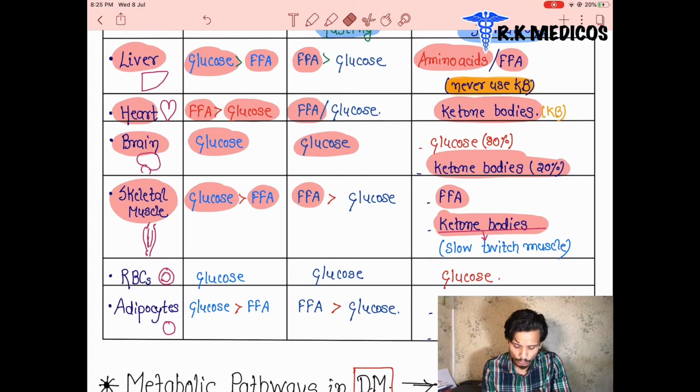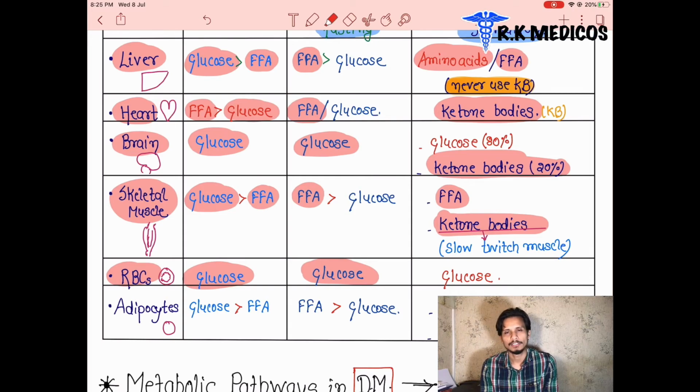RBC depends on glucose in the well-fed state, in the fasting state glucose, and in the prolonged state glucose. Till now, the one and only part of our body that depends only on glucose is RBC. The brain also, but in a starving condition it is 80% glucose and 20% ketone bodies.